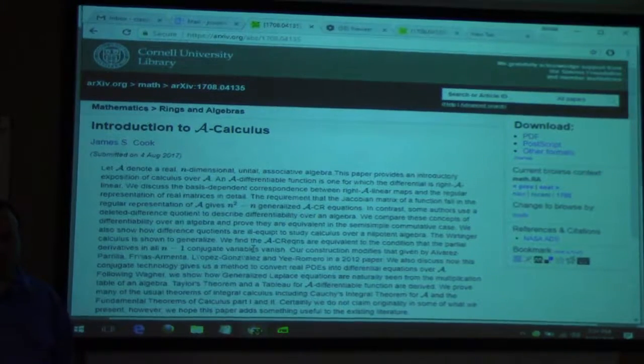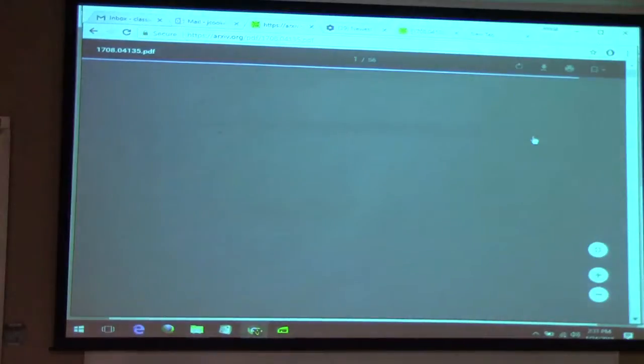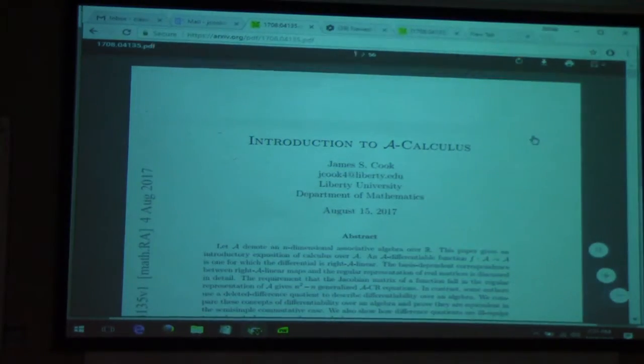Basically, the topic is what happens to calculus when we replace the real numbers with an algebra. And what we did yesterday is we talked about the definition of an algebra, what the regular representation is, and we actually calculated the matrix regular representation for the hyperbolic numbers cross the complex numbers.